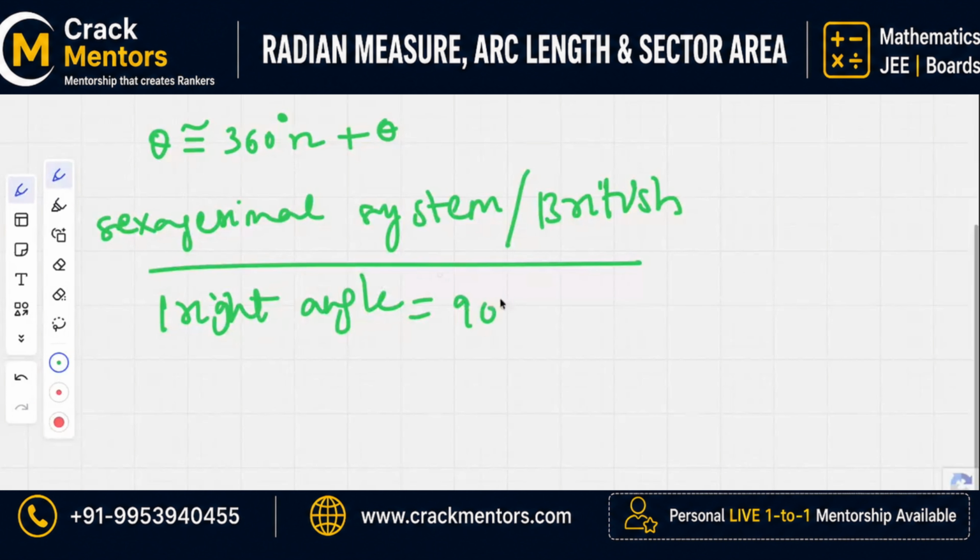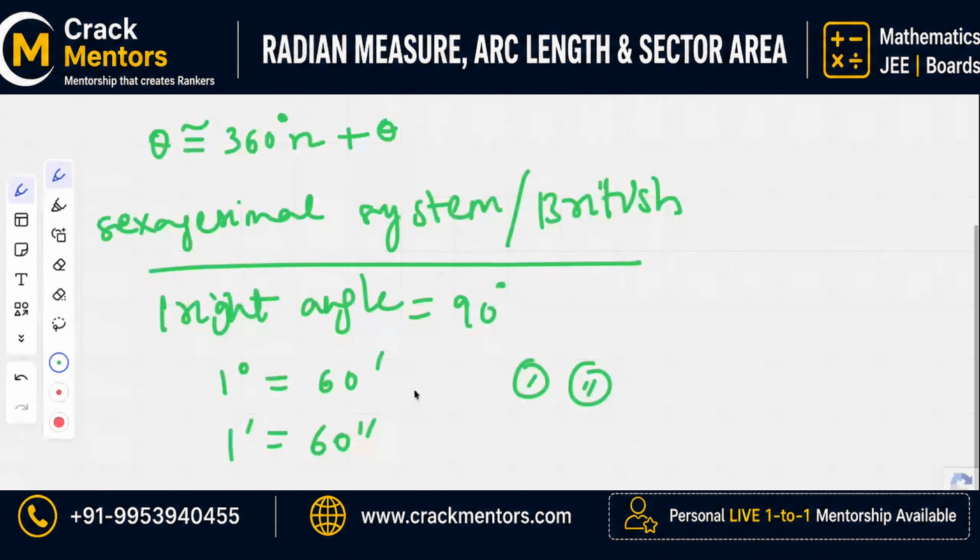One right angle is 90 degree over here. Okay, and 1 degree is 60 minutes. You can say 1 minute is 60 seconds. So this is used for minute. This is used for seconds. So 1 degree is 60 minutes and 1 minute is 60 seconds.